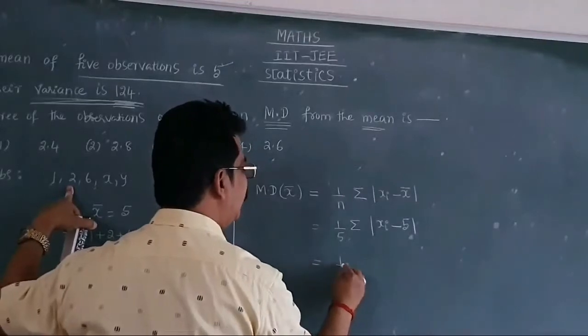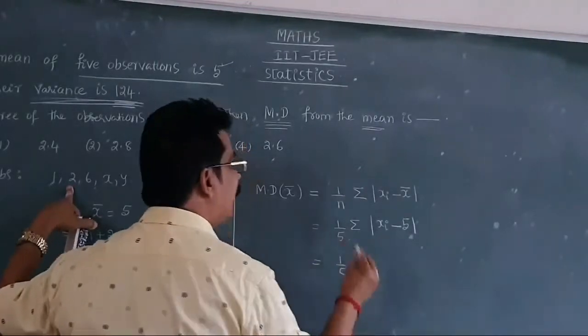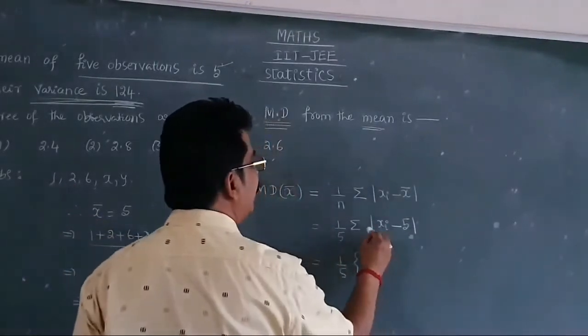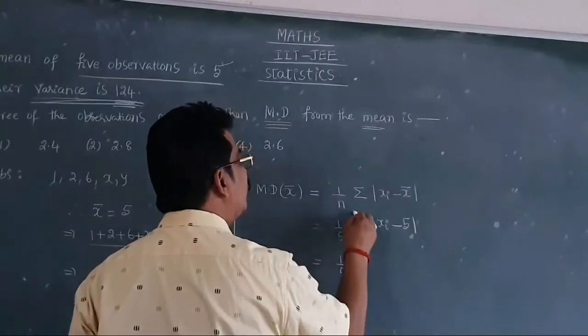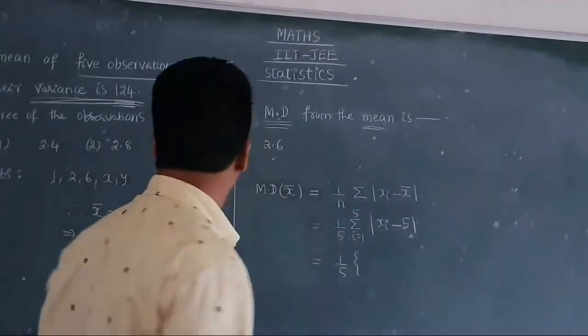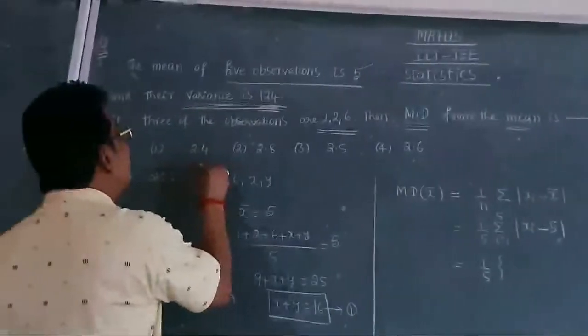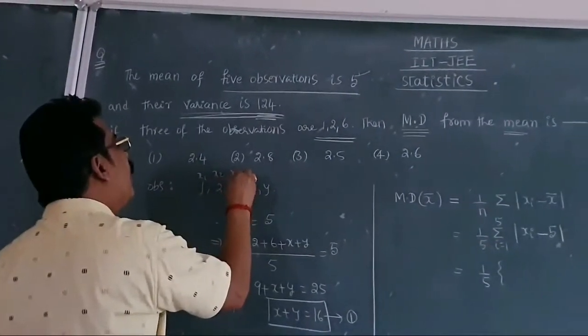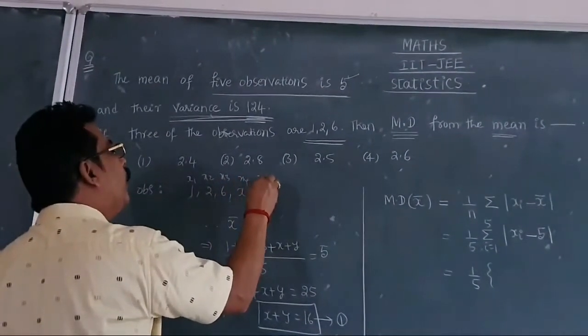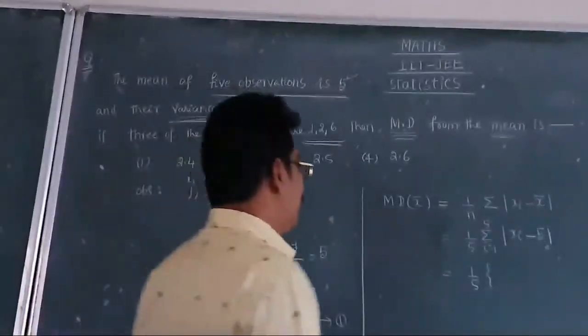So that is equal to 1 by 5 into sigma xi, I goes from 1 to 5. We are having only 5 units, namely x1, x2, x3, x4, x5, just like that.